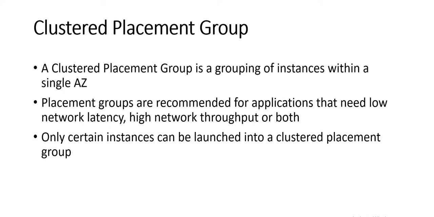So essentially, it's a way of putting your EC2 instances very close to each other so that you have very low network latency and very high network throughput as well. And only certain instances can be launched into a cluster placement group, such as T2 micro or nano cannot be launched in here.